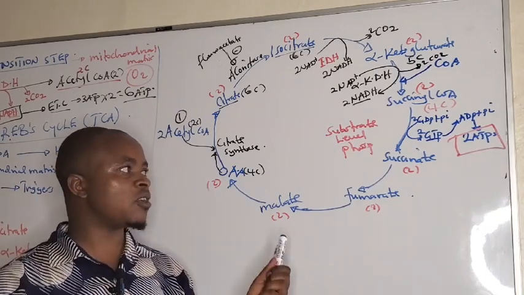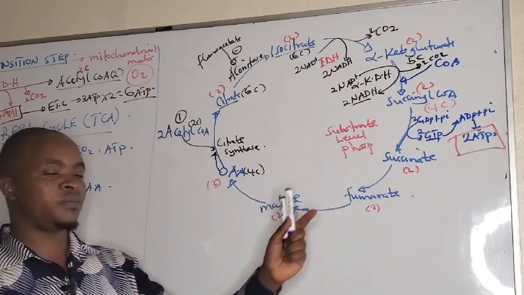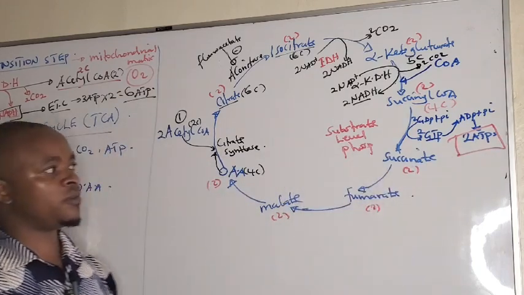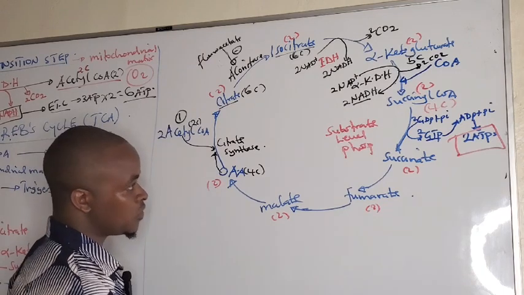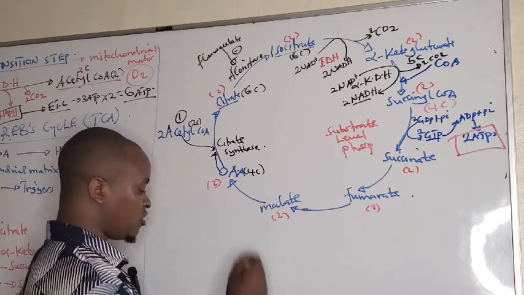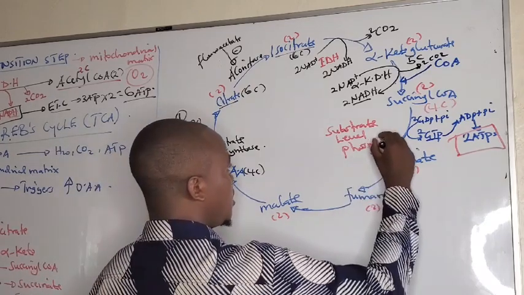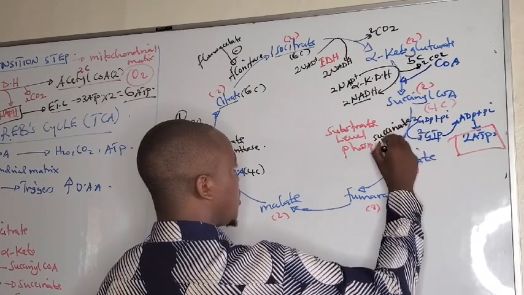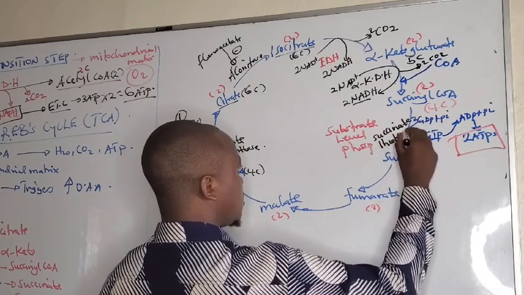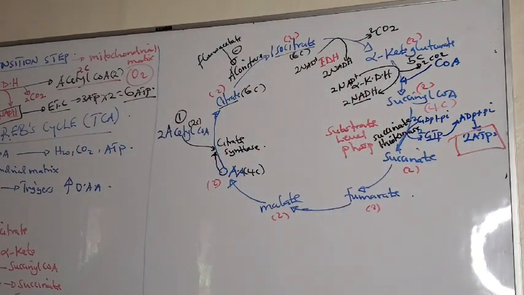So in the Krebs cycle, we see 2 ATPs being produced at a substrate level. And here we form succinate, and this reaction is catalyzed by an enzyme known as succinate thiokinase. So succinate thiokinase is the one that catalyzes this reaction to form succinate.